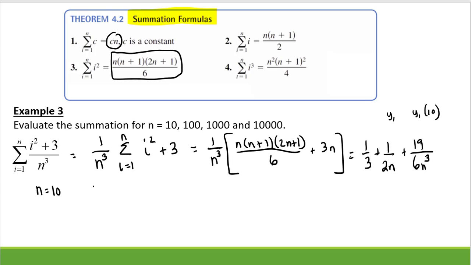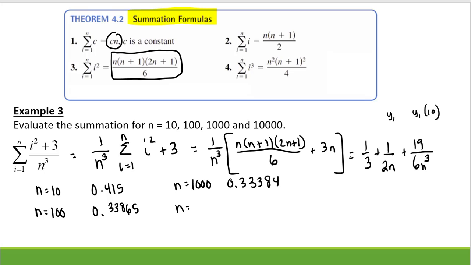0.415. To get 100, we get 0.33865. When I plug in 1,000, we get 0.33384. When I plug in 10,000, I get 0.33338.